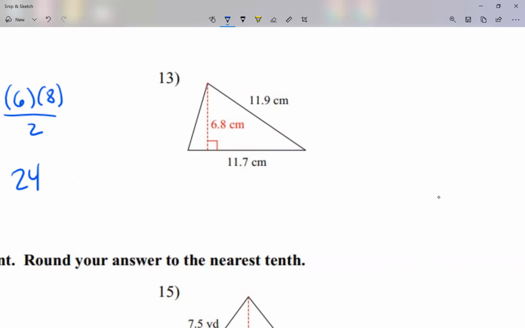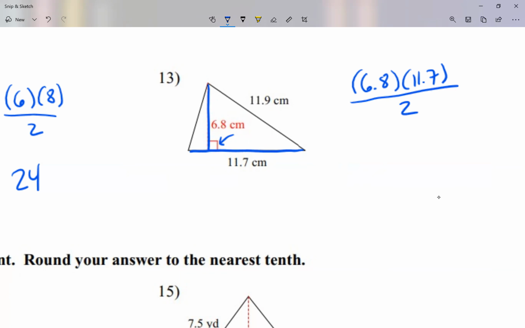Question number 13, my 90-degree corner, I see it. It's made by the numbers 6.8 and 11.7. So I'm just going to go 6.8 times 11.7. I know that gives me the area of a rectangle, so whatever I get, I'm going to divide this by 2 because a triangle is half of a rectangle.